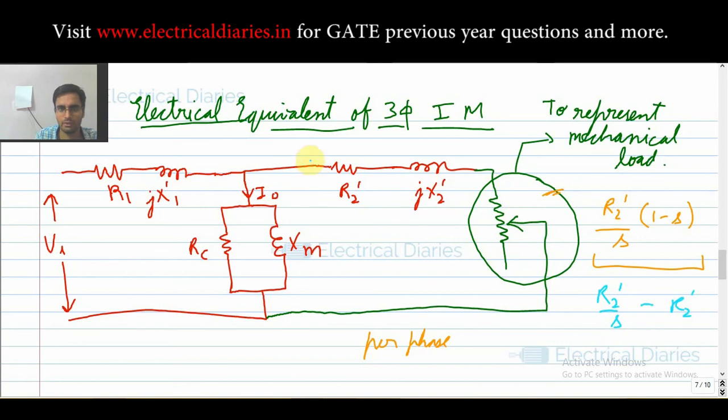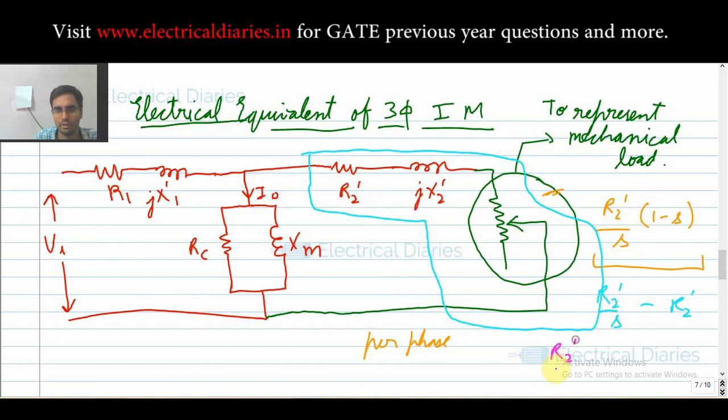And in this whole branch, R2 dash by S minus R2 dash plus R2 dash plus jX2 dash will come out to be R2 dash by S. So what you have done is written R2 dash by S in this fashion so that you can represent the mechanical load in an electrical equivalent fashion. I hope it's clear.